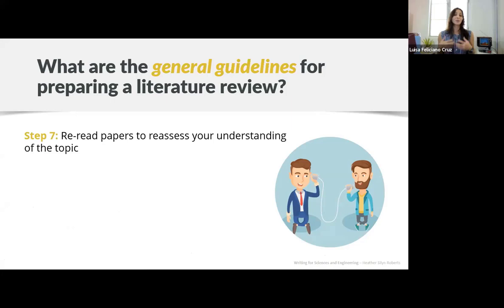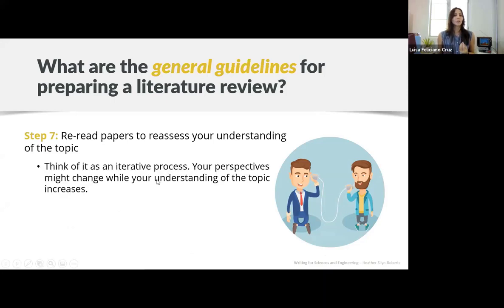So step 7 is going to be what? Read, reread, and read again. Because writing a literature review is more of an iterative process. Once you start taking your courses or you start reading more, you're going to gain a new perspective and your knowledge is going to increase.